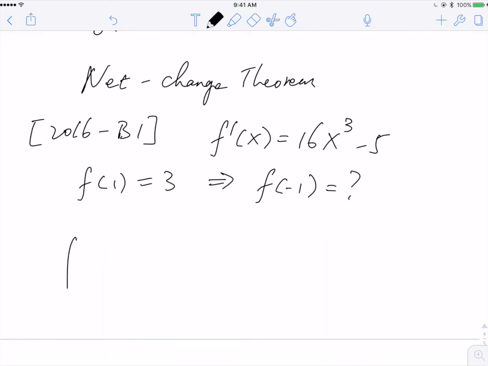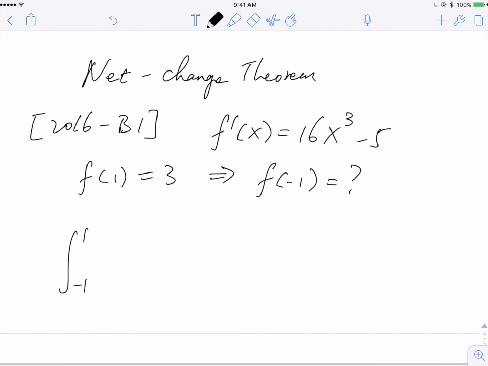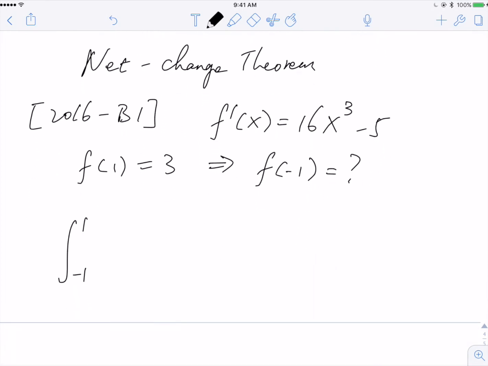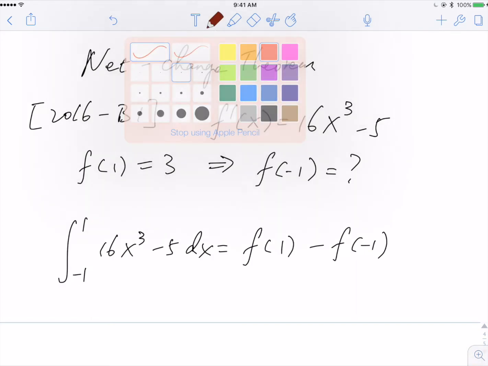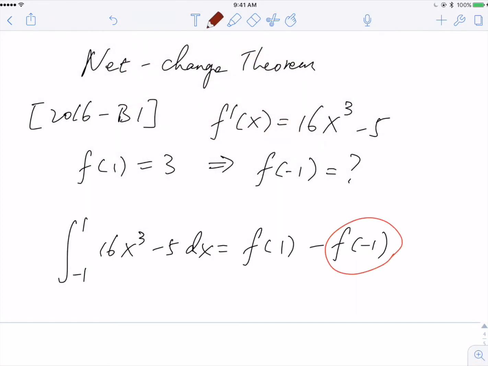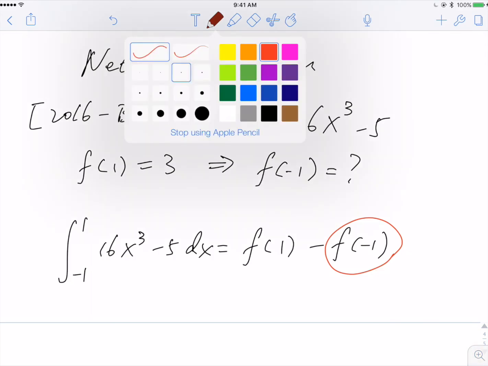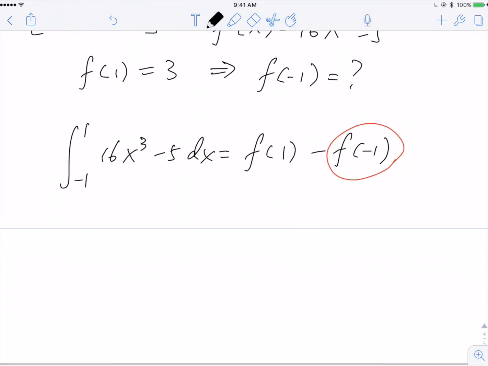So if we say the integral from negative 1 to 1 of f prime of x, which is 16 x to the power 3 minus 5, dx, is equal to f of 1 minus f of negative 1. And f of negative 1 is what we want to find, so we're going to move it to a separate side.